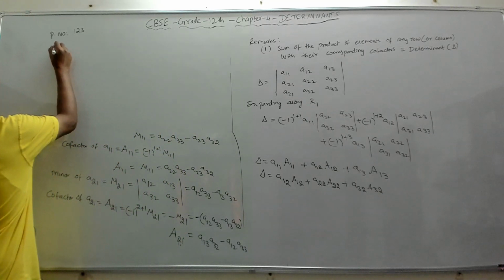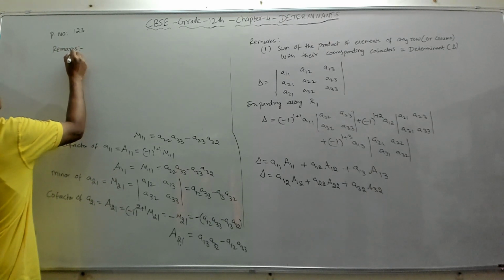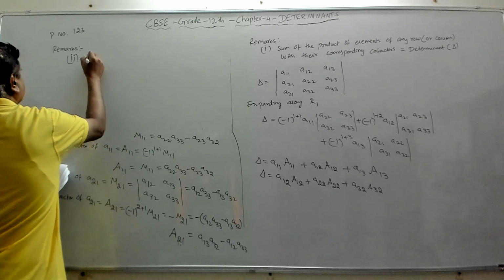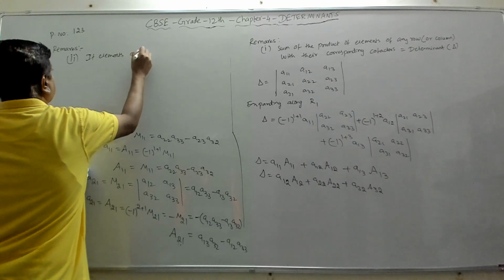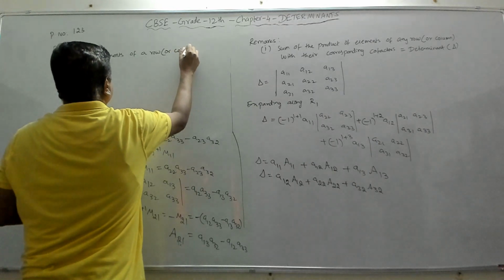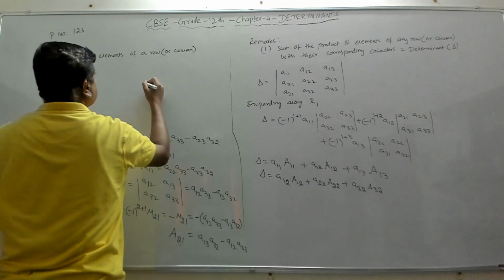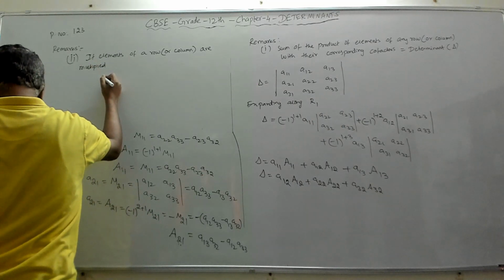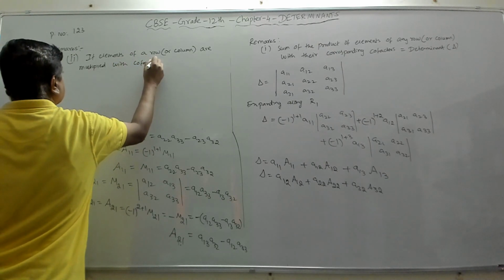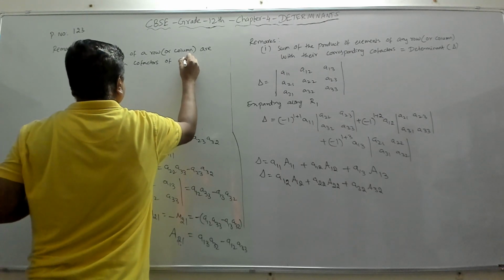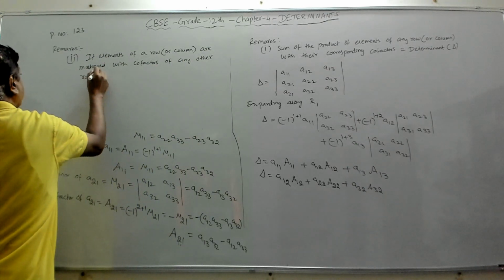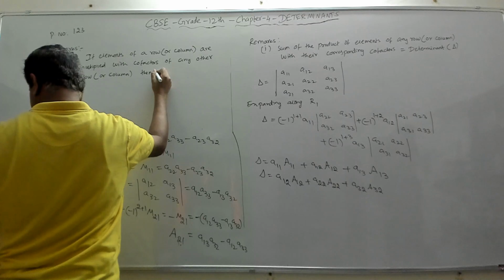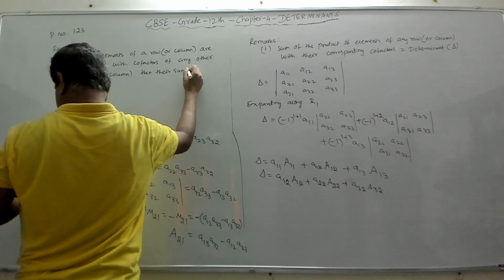What it says is, if the elements of a row or column are multiplied with cofactors of any other row or column, then their sum is 0.